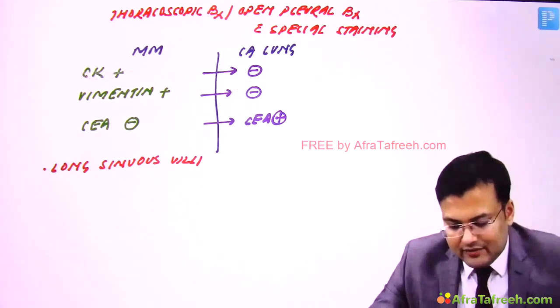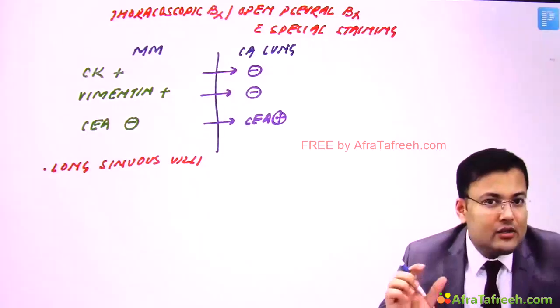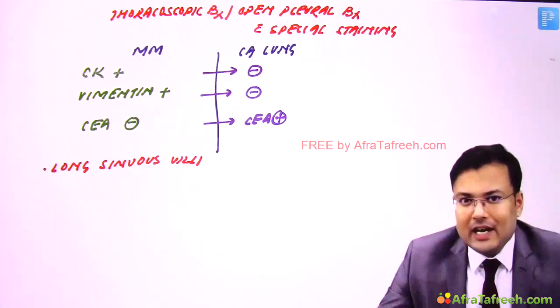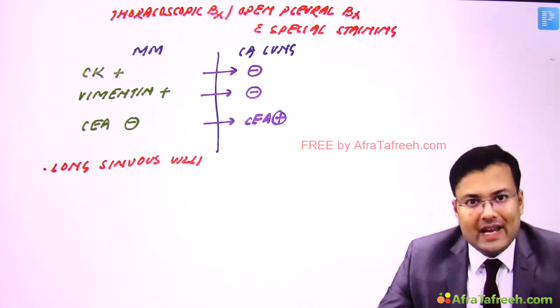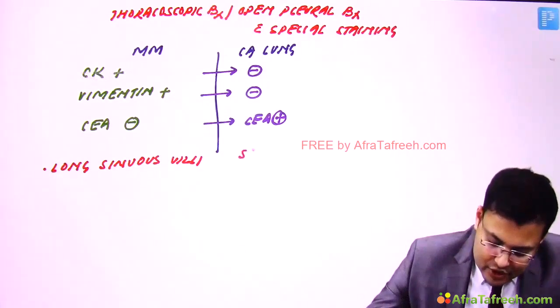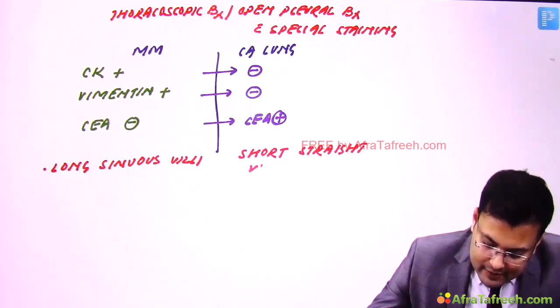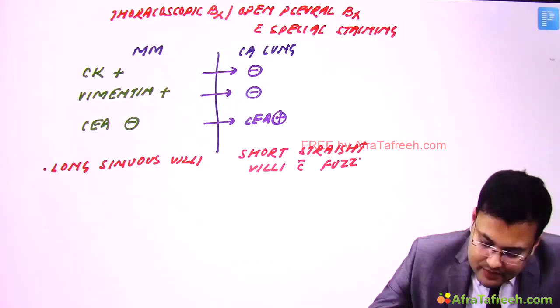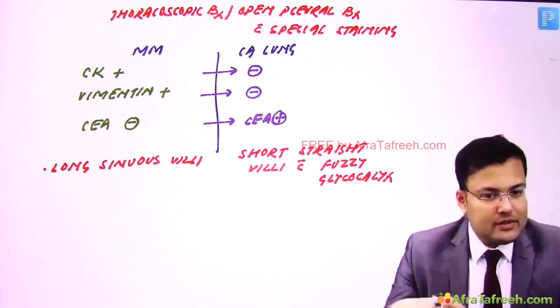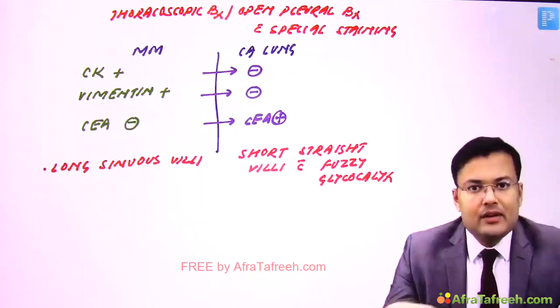And in cases of carcinoma lung, there is short straight villi with fuzzy glycocalyx. Clear? So these are the differences. This question was asked 2 to 3 times in exam.